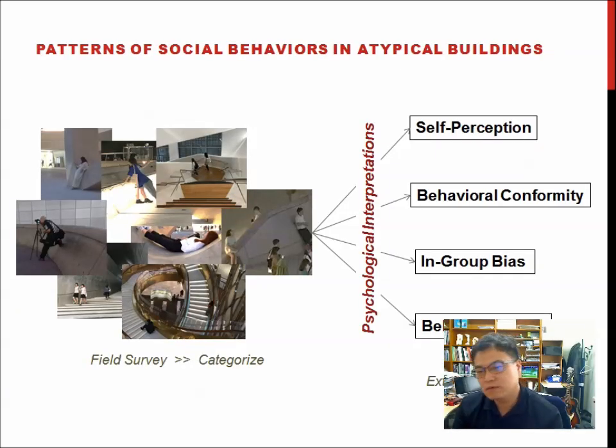How do we do that? First, we extract patterns of social behavior in atypical buildings. There are field surveys, and we sort, categorize, and analyze them. Then we interpret them psychologically and extract four kinds of patterns: self-perception or self-evaluation, behavior conformity, in-group bias, and behavior setting.